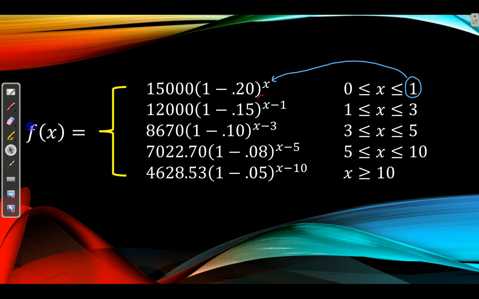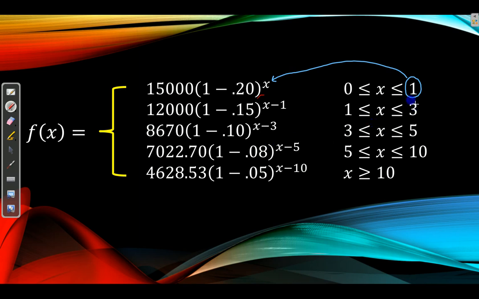Again, I would recommend starting with your parentheses. So that's right here. My third equation is going to be 1 minus, and the next depreciation rate is 10%. So there you see 10%. We're using this equation from year 3 to year 5. So there's my domain. But now I need the starting point.